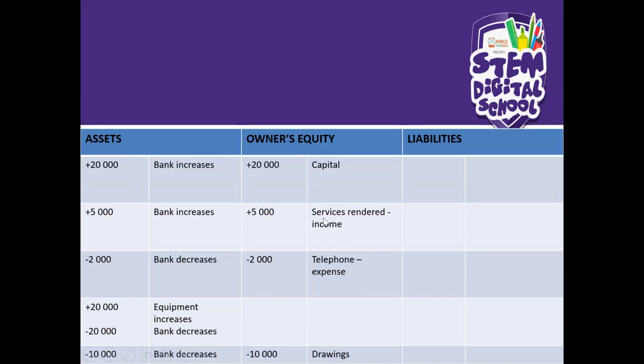And then service fees or services rendered, that is the same thing. You need to know it's an income. Income falls under owner's equity. What you do with assets, so there's a plus with assets, you're going to have a plus with owner's equity. So owner's equity plus 5,000 rand. Why? It was for services rendered or service fees, and it is an income.